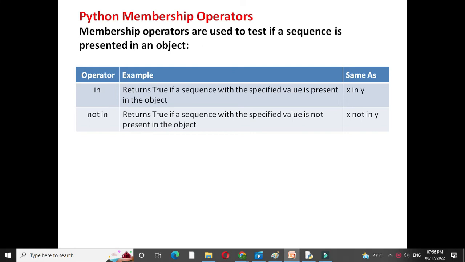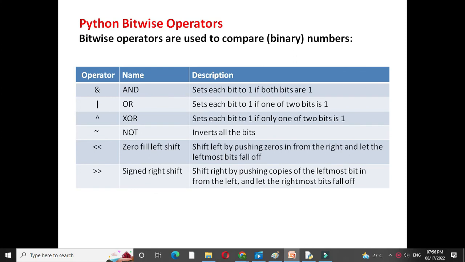Then membership operators, which are used to test if a sequence is present in an object. First is in, which returns true if a sequence with the specified value is present in the object. And not in, which returns true if the sequence with the specified value is not present in the object. Next are bitwise operators, which are used to compare binary numbers.